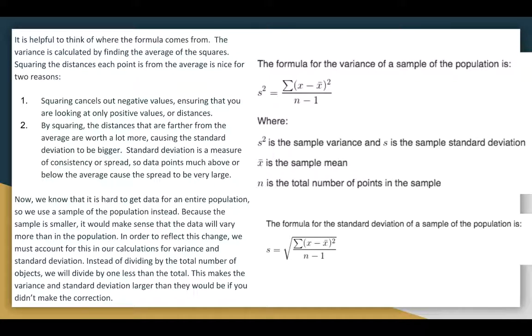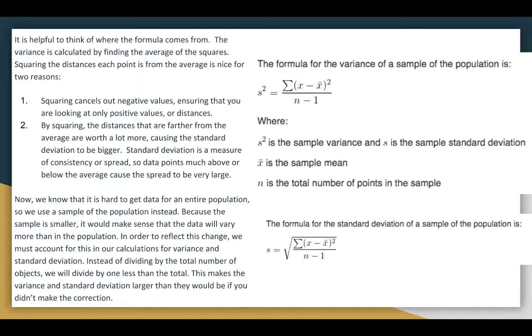A couple things happen, like the squaring cancels out the negative values, so it allows you to have no negative values. We'll only have positive distances. But instead of just doing absolute value, what the squaring also does is it gives points that are further away from the average more weight in the standard deviation.